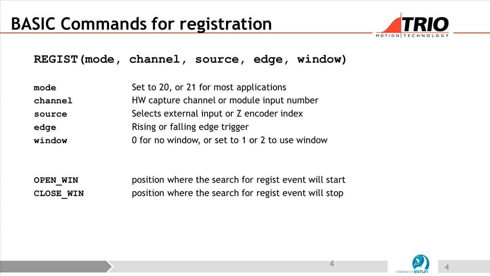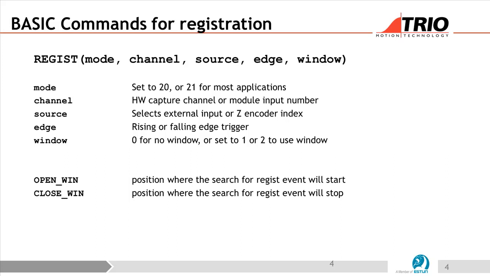From 5 to 19 they do exist. They are documented, but they cover all sorts of different scenarios which are all covered anyway with Regist 20. So Regist 20 covers everything. If you were to use Regist 15, for example, you can do it with Regist 20 because Regist 20 has the ability to cover all scenarios.